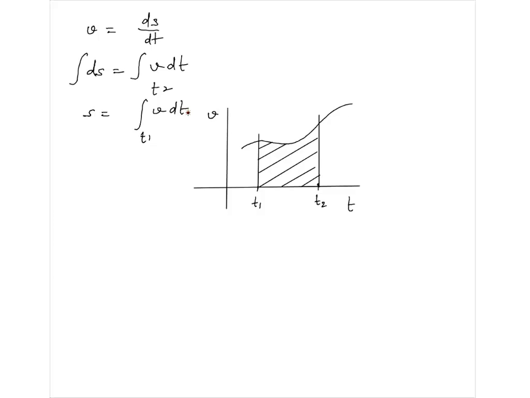After you integrate, put the limits t1 and t2. We are basically doing definite integration. Put the limits and you are done. So if you have got an ST graph or ST relationship, you can find V. If you have got a VT graph or VT relationship, you can find S.